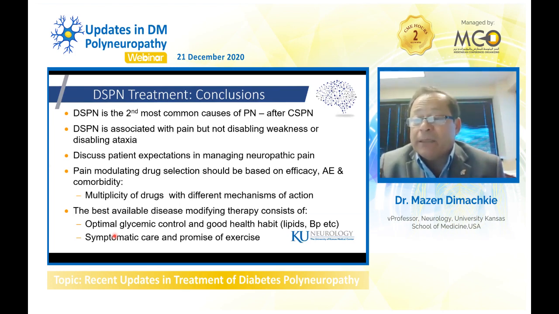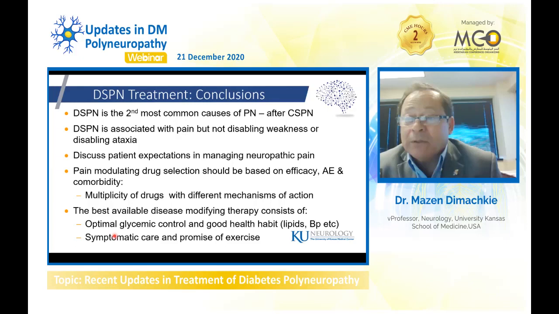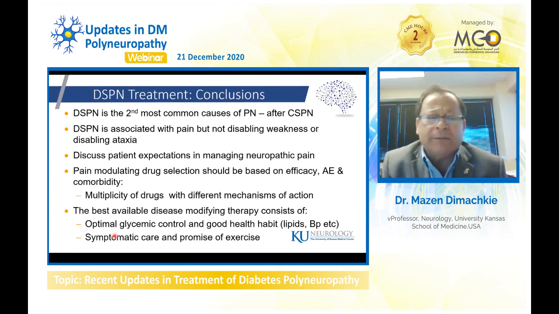But one thing to remember is that when someone comes to you with distal symmetric neuropathy and pain, they should not be in a wheelchair, meaning they should not have severe weakness or disabling ataxia. If they have sensitivity in their feet when standing up, that's understandable, but they should not be in a wheelchair. If I see that, I'm thinking something else is going on.